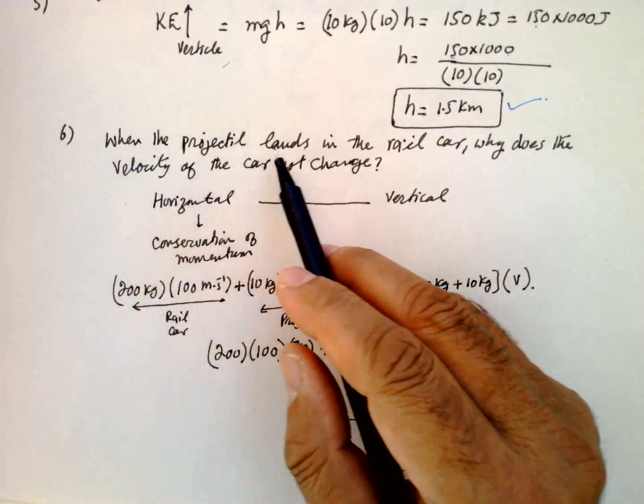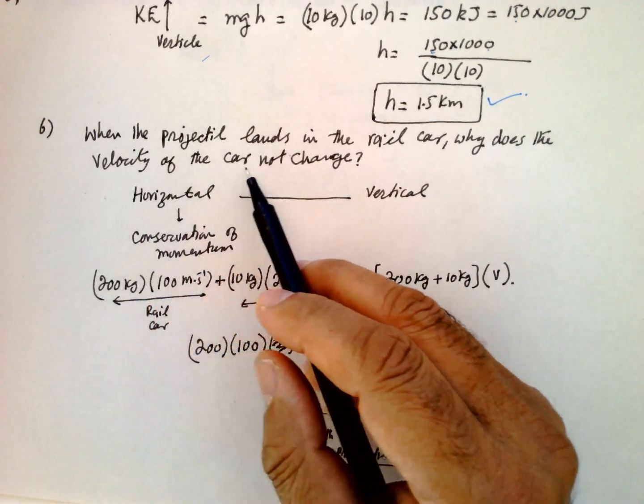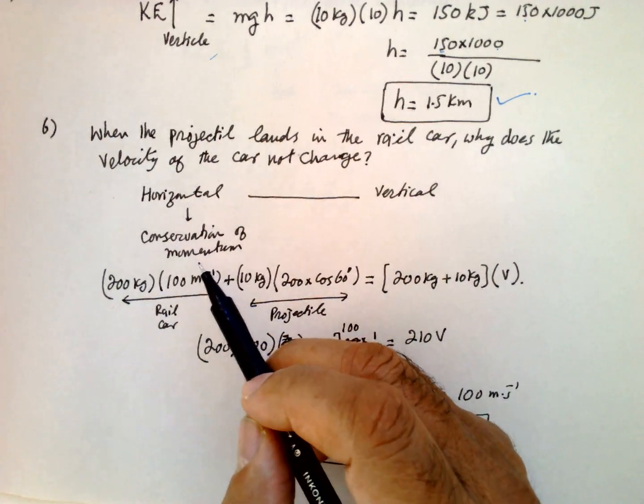Question number 6. When the projectile lands in the rail car, why does the velocity of the car not change, horizontally and vertically? Conservation of momentum.